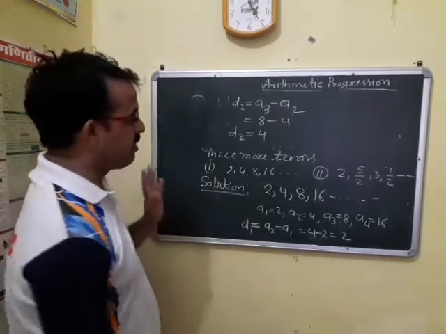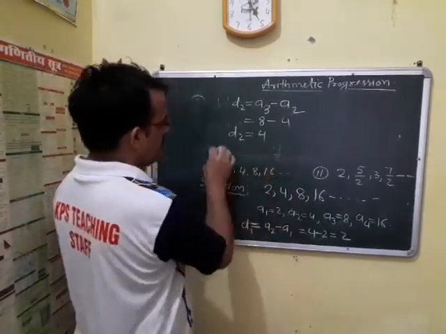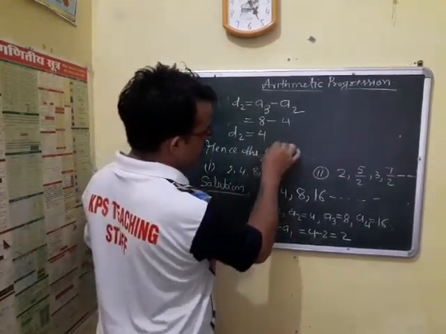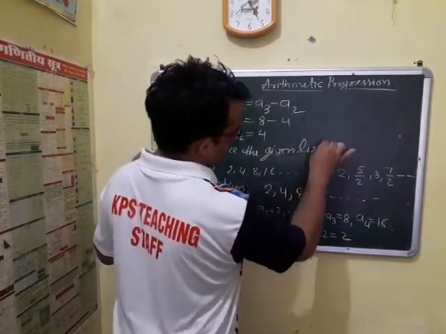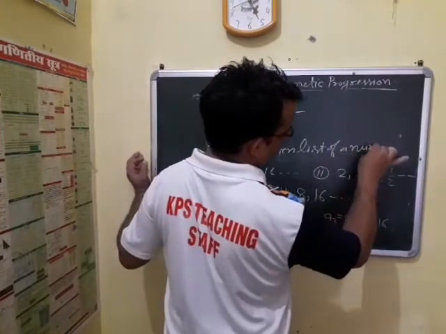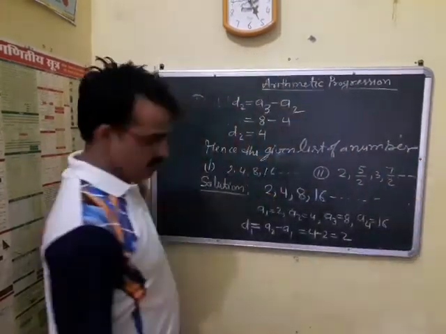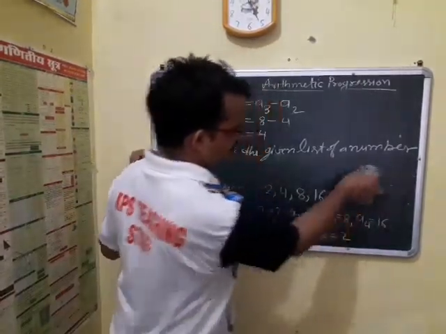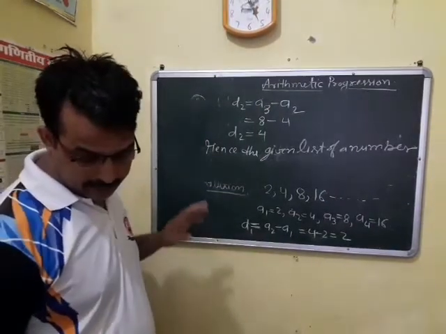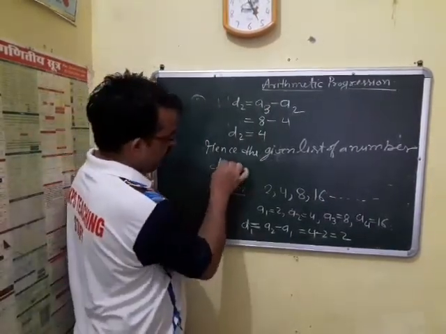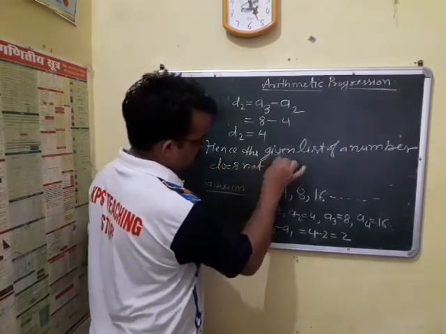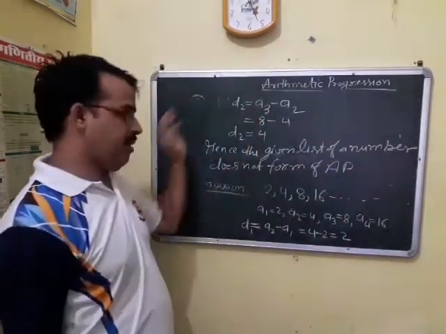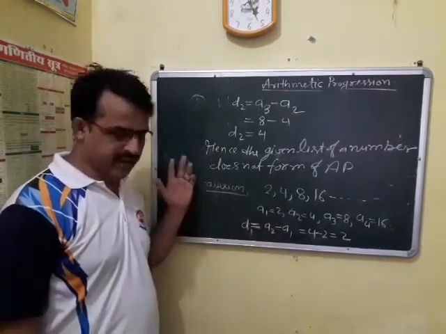Hence the given list of numbers does not form an AP. जब AP में नहीं है तो नेक्स्ट थ्री टर्म्स फाइंड करने की कोई सवाल ही नहीं होता। क्लियर?